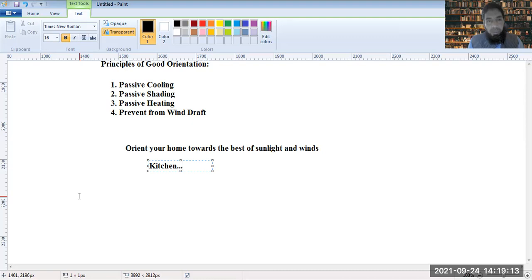You want that portion to remain cool during the summers and a bit warmer during the winters. So thereby, you do not want to lose the heat energy that is generated during the winters, but you want that energy to be lost during the summers because it becomes very hot to work in the kitchen area. So a cool breeze should blow towards the kitchen during the summer. So it is best located near the eastern portion, and you can locate it somewhere in between the east and the northern portion, and that would be the best suitable place in our region for the kitchen to be located.